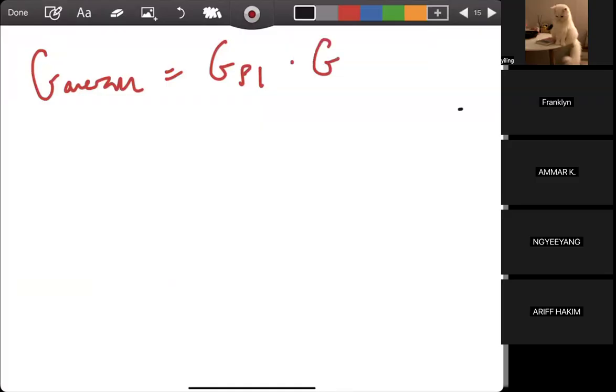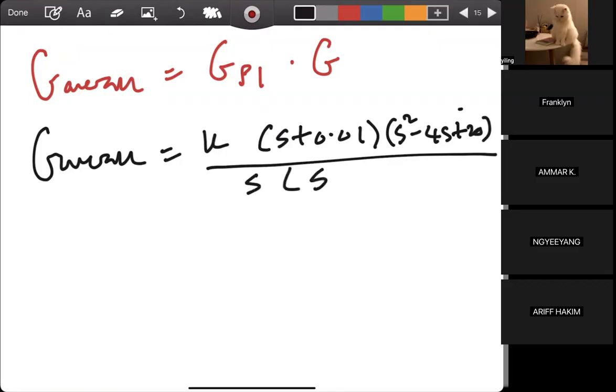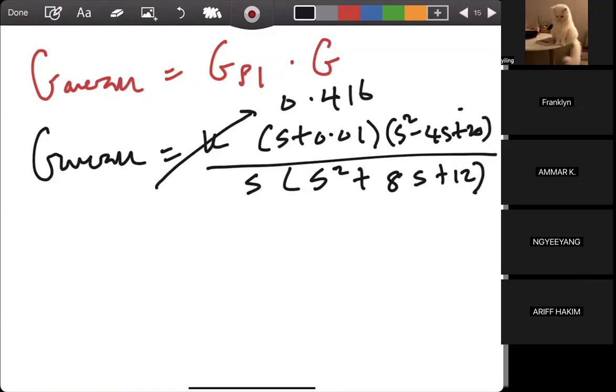Okay. K over S. Okay. So this is the G overall. And this one is 0.416 at the particular zeta that we mentioned.